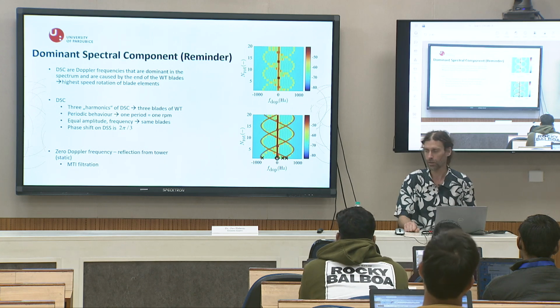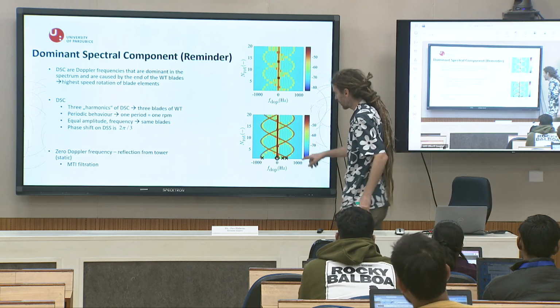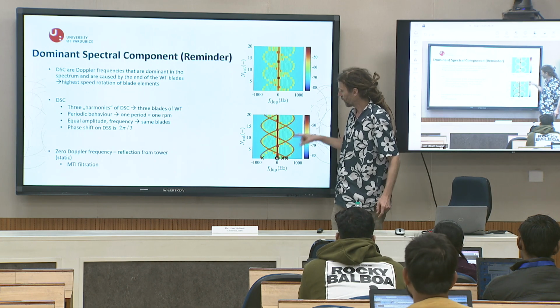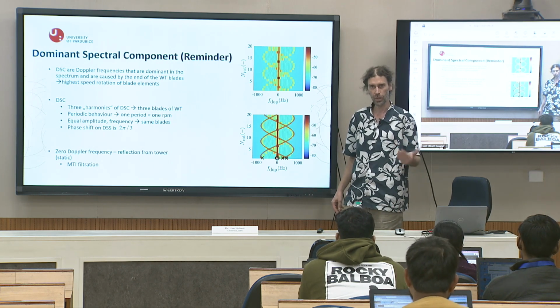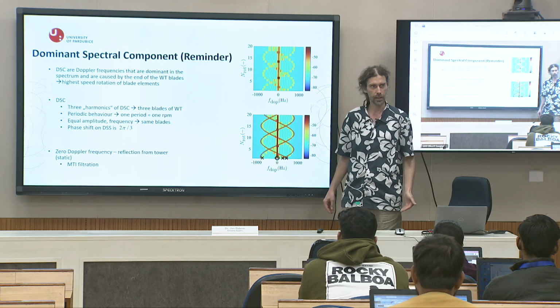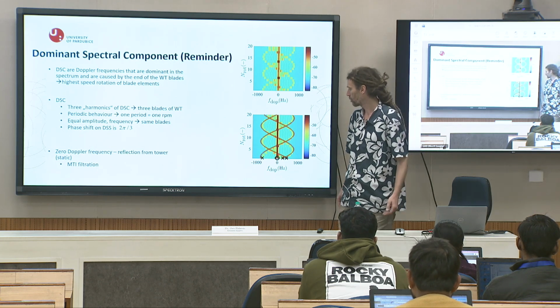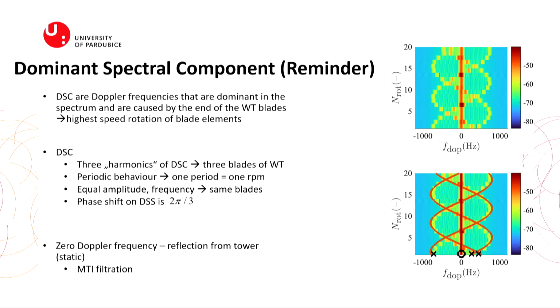We already saw that we have 3 sine waves that correspond to this end of the blade, and it is our DSC component. We exactly want to suppress this one, but not only this one, also the frequencies around this DSC component, because they have the biggest influence.